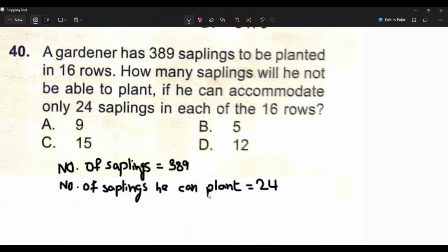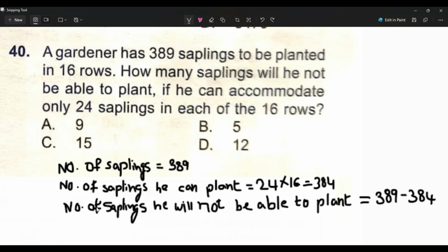Number of saplings he can plant is equal to 24 into 16, which is 384. Number of saplings he will not be able to plant is equal to 389 minus 384, which is 5. So option B is the right answer, children.